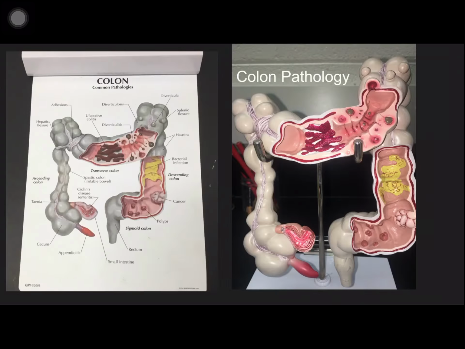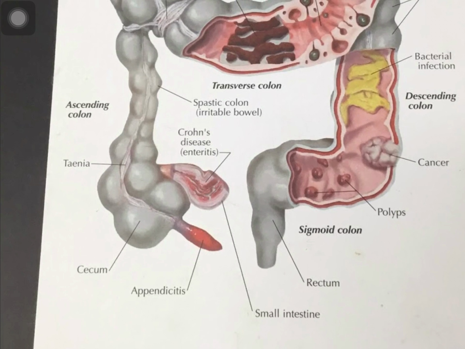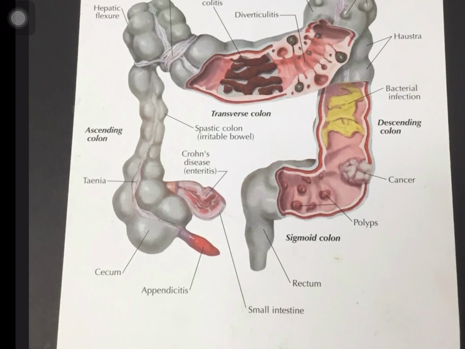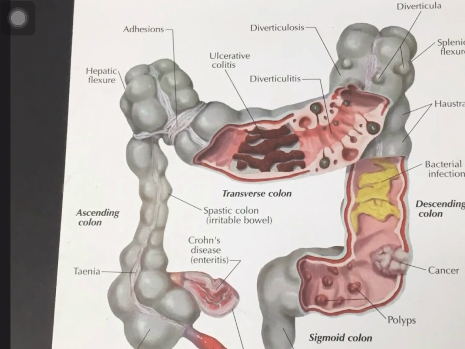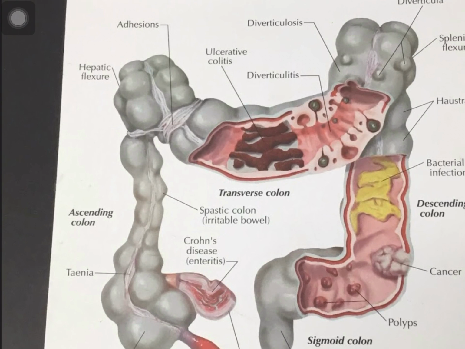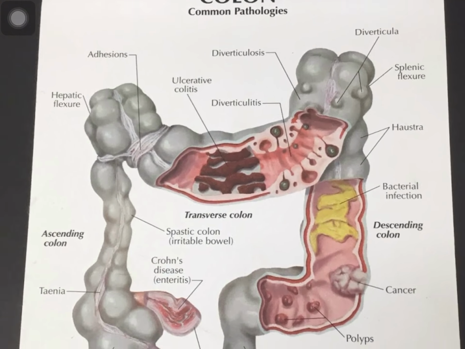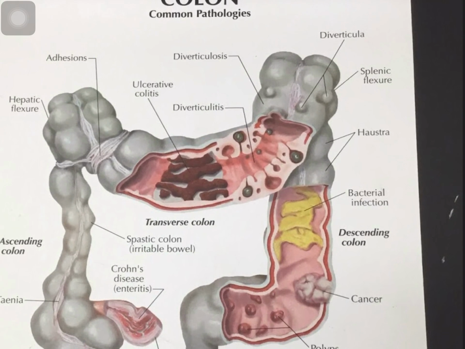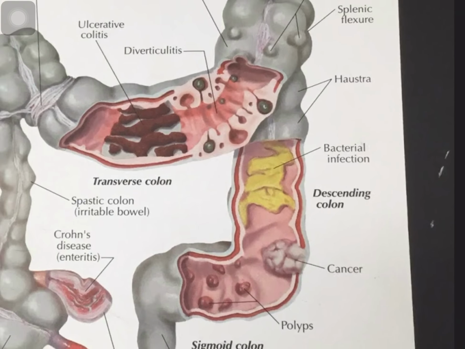So a bit of colon pathology. Some diseases of the colon can include appendicitis, Crohn's disease, enteritis, intestinal disease, spastic colon, adhesion, ulcerative colitis, diverticulitis, diverticulosis, and diverticula. The flexure area can have bacterial infection in our large intestine.